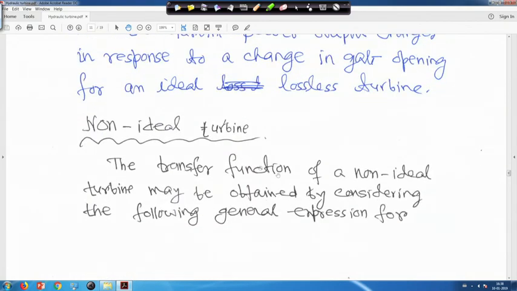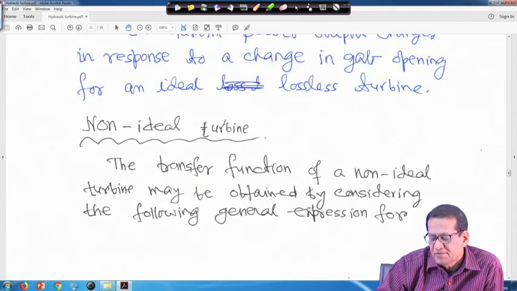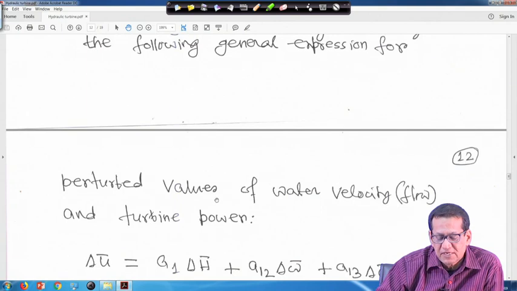Now, the transfer function of a non ideal turbine may be obtained by considering the following general expression for perturbed values of water velocity, that is water flow, and turbine power.